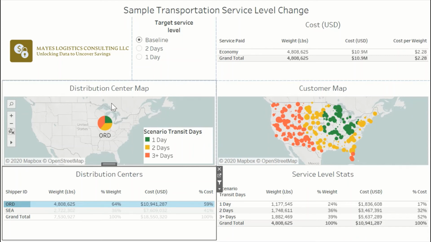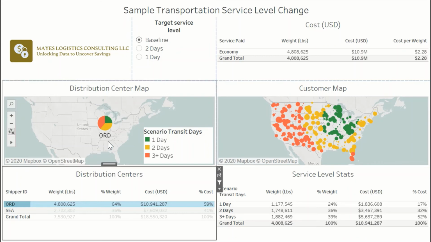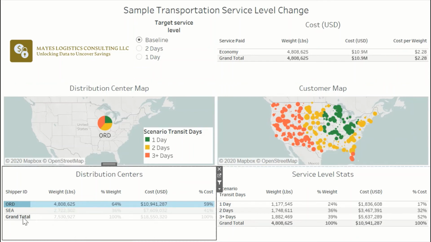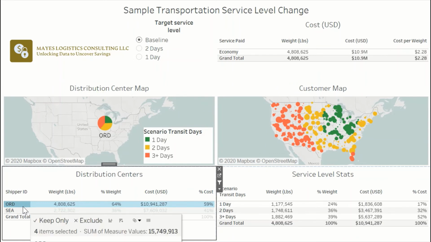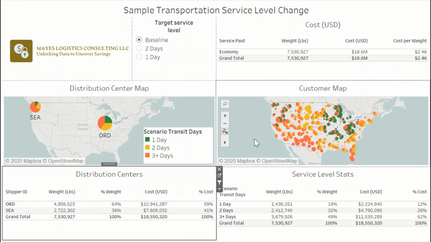Maybe there's some SKUs that are only served by Chicago. But if you could rebalance the inventory so that those customers that are close to Seattle would be served by Seattle, then you're going to increase your delivery service without having to pay for more expensive levels of service. So right balancing your inventory is one way to increase delivery service without paying for more expensive transportation.